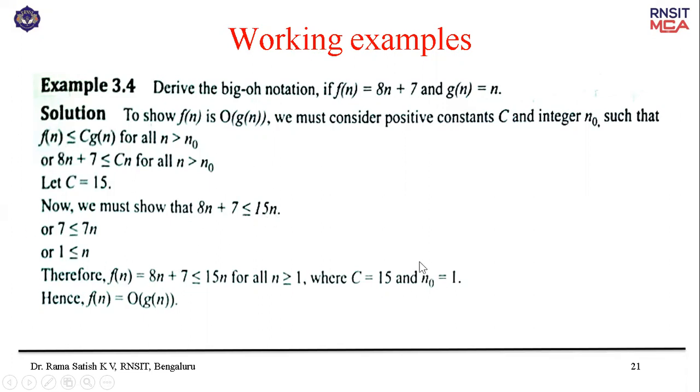So then you take n equal to 1. In the case of n equal to 1, 15 is equal to 15. So, of course, this is true. Therefore, you can write that n0 is 1; if it is 1, then this particular equation works. This is how you can derive it.